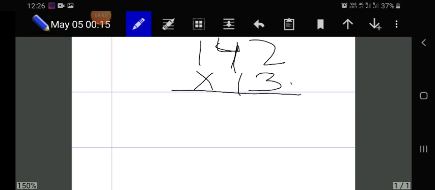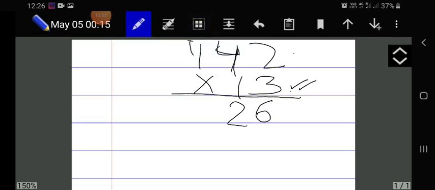So let's just take the 3 first. 3 multiplied by 2, 3 2s are 6. Next, again we will multiply this same 3 with 4, 3 4s are 12. 2 is here and 1 is carried to the next number. Okay, now again multiply this 3 with 1. 3 ones are 3 and plus 1, the answer will be 4.